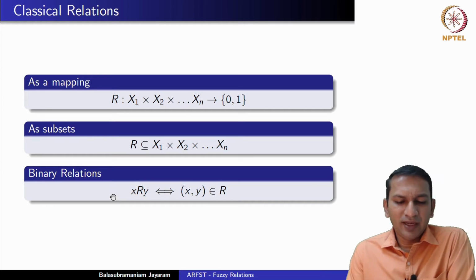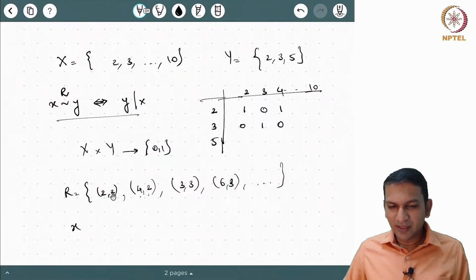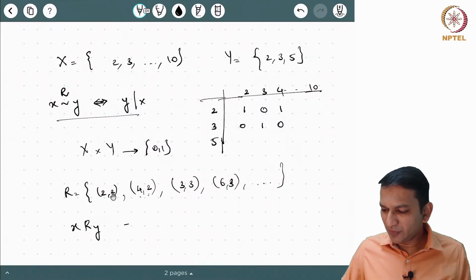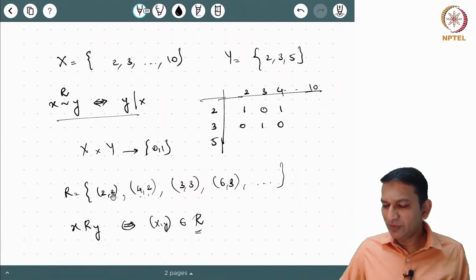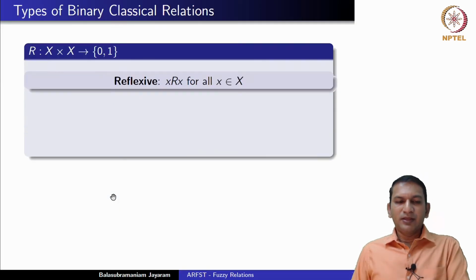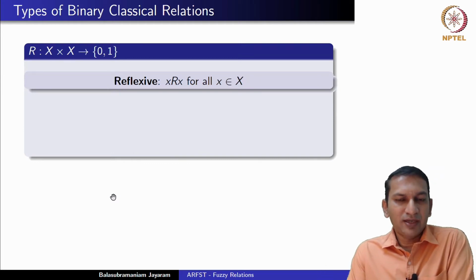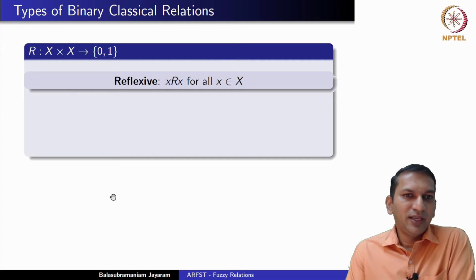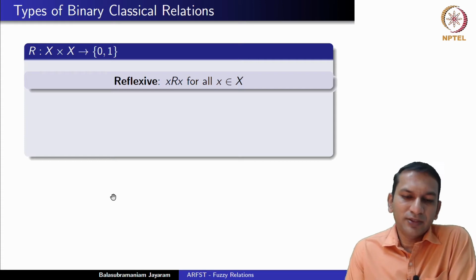In the case of binary relations, it is customary to write like this: if R is a relation, X R Y if and only if (X, Y) belongs to R, where now we are interpreting R as a collection of elements, as a subset of X cross Y. Now, if the sets X and Y are the same, then we can come up with some special binary relations.